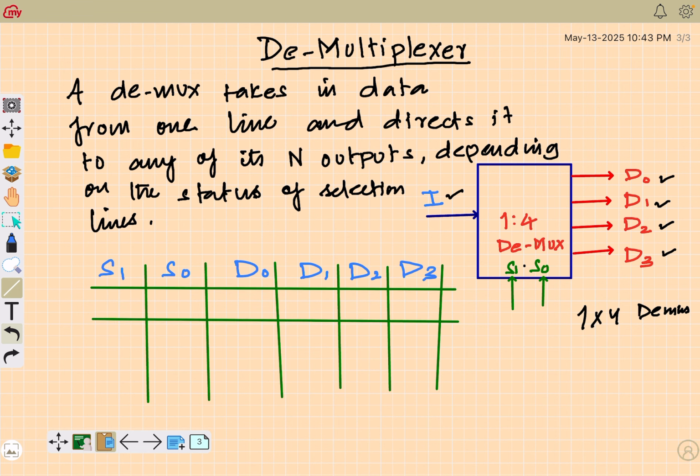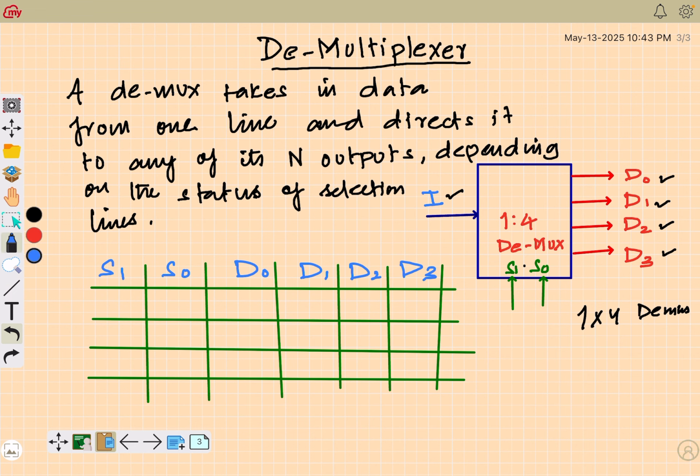With two selection lines, I can have four combinations. I will list the combinations here: 0, 0, 0, 1, 1, 0, 1, 1. So if selection lines have the value S1 0, S0 0, in that case output D0 will get the input I, D1 will be 0, D2 will be 0, D3 will be 0.